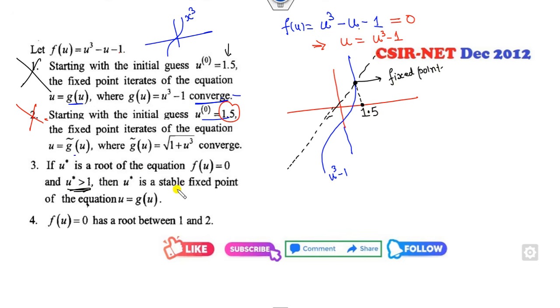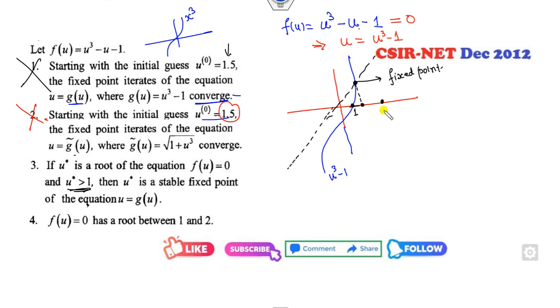Then u star is the stable fixed point of this equation. Now, firstly, what is this point? Can you find the root of this point? How can you find this point? It is 1, because it cuts the axis at 1. So this point will be greater than 1.